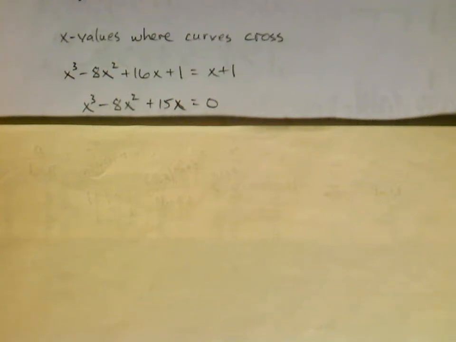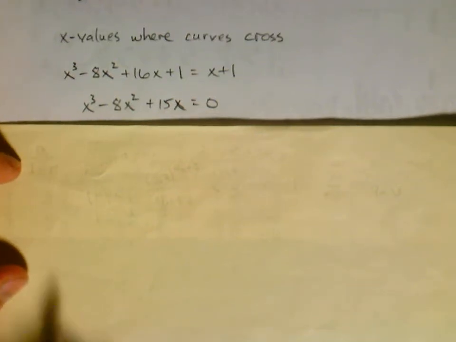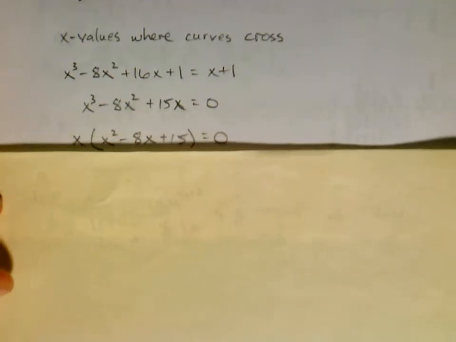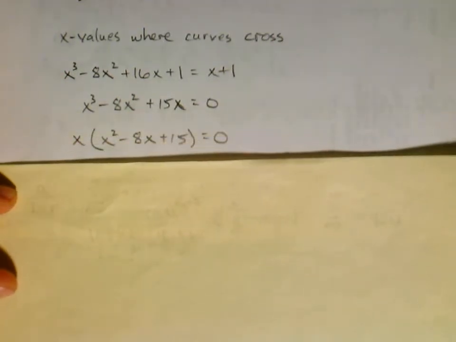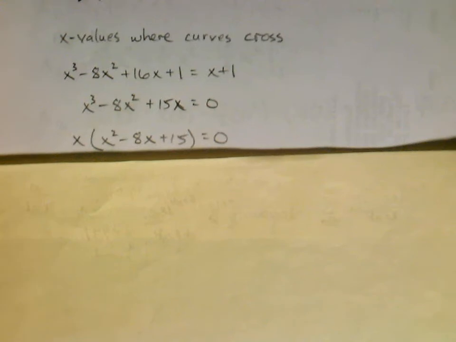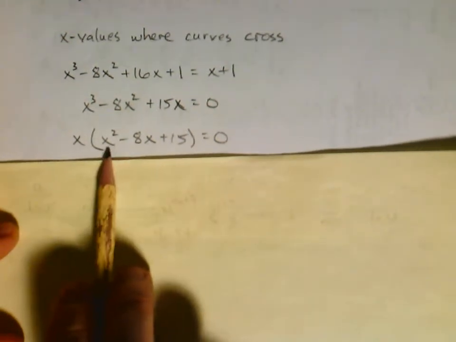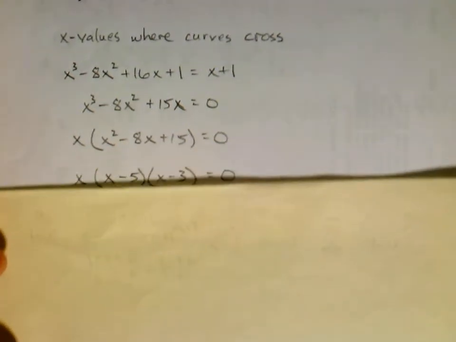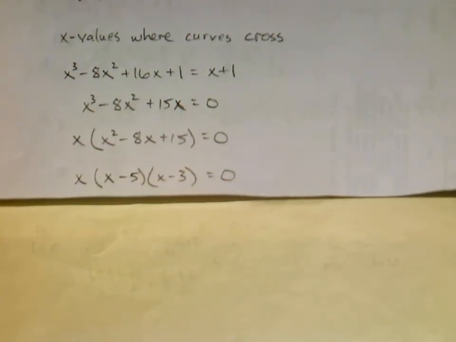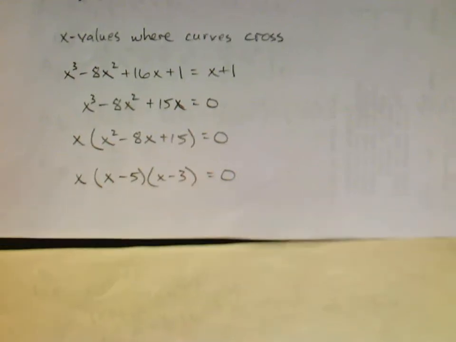Then we're going to start to factor. We can take an x out of all 3. Once that x comes out, we have x squared minus 8x plus 15. Then it turns out this factors again: x minus 5, x minus 3. And we got our 3 x values. Well, looks like that's on the next page, but anticlimactic there.